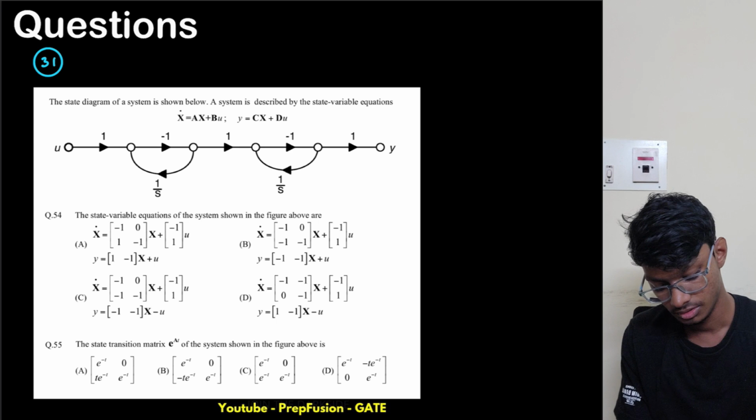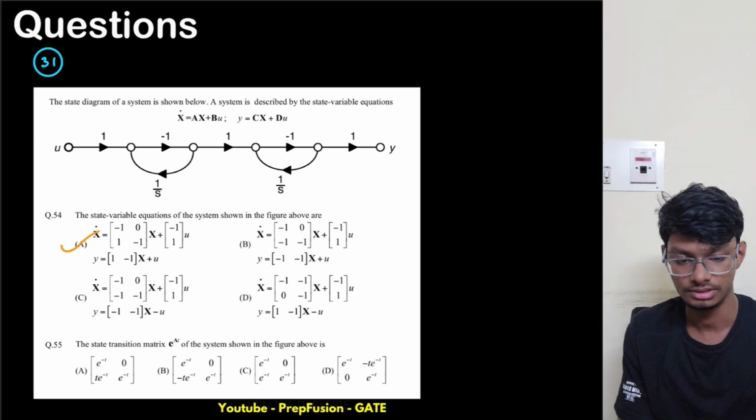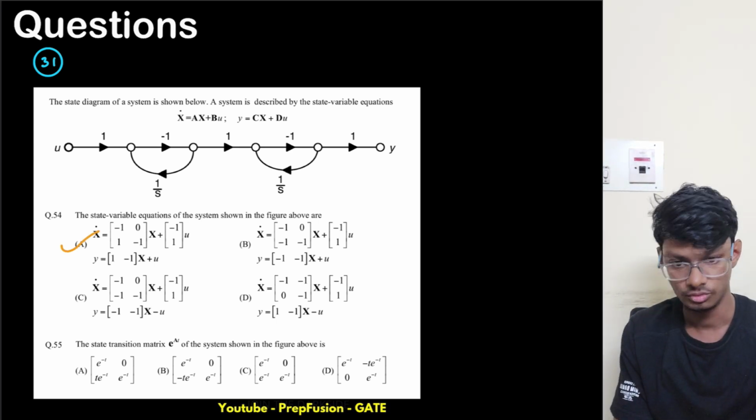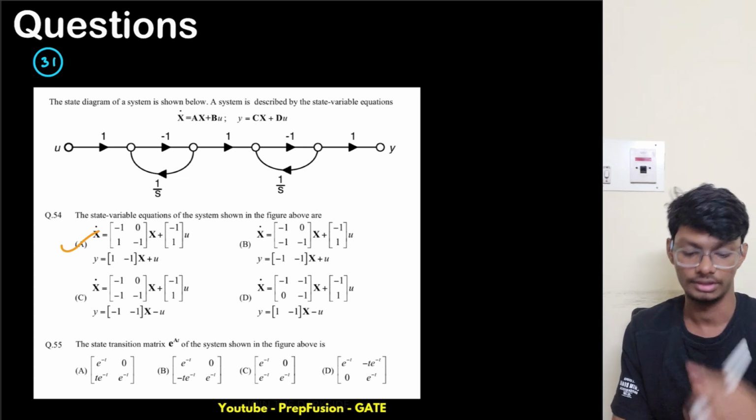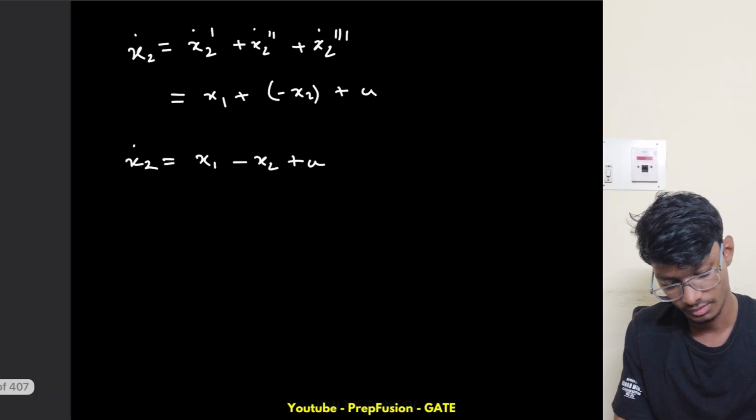Option A is matching. And what will basically be the state transition matrix? You do the SI minus A inverse. What will be method 2 of this one?